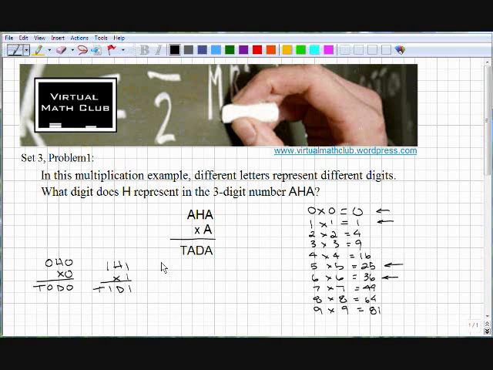If we substitute 5, we get 5H5 times 5, which gives us T5D5. And if we substitute 6, 6H6 times 6 gives us T6D6. Alright, so let's take a closer look at those possibilities.